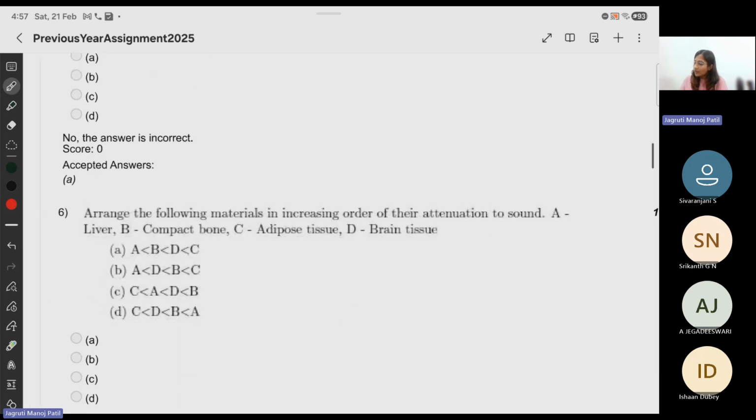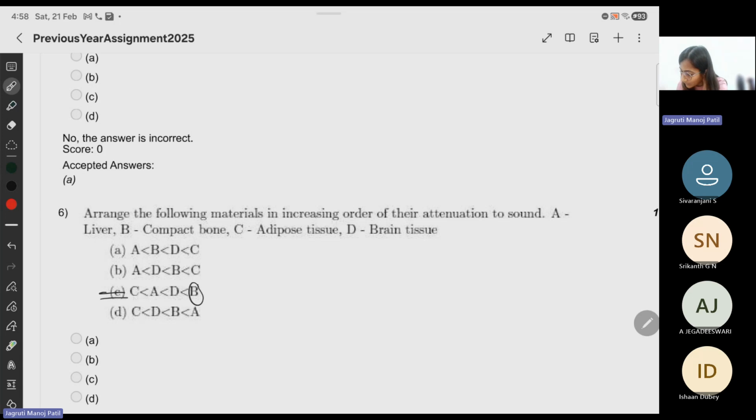Okay. For the following materials, arrange them in increasing order of attenuation. You have liver, bone, a tissue, fat tissue, and brain tissue. Option C is more of a relevant answer here. That's true, but bone, of course, would always have a higher attenuation.